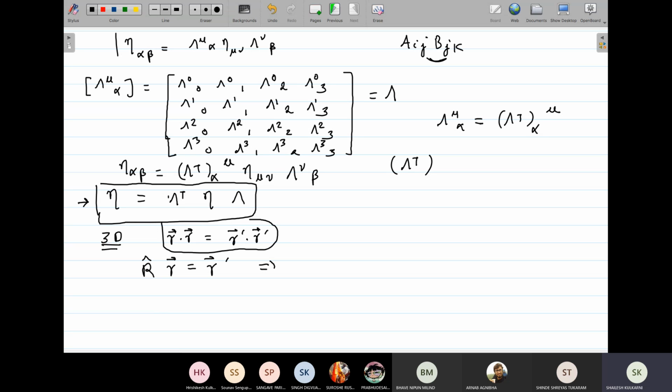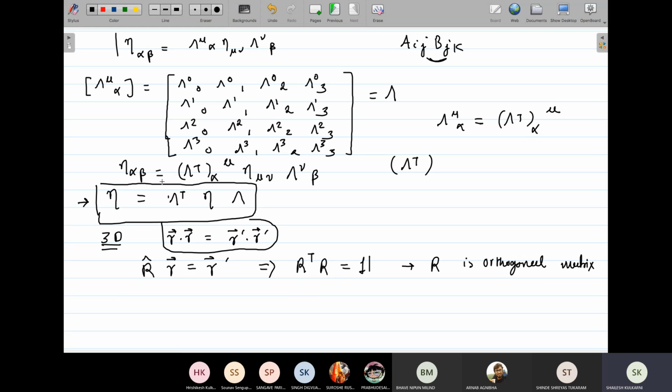It implies that there is a condition on R. That condition is R transpose R equals identity. That means R is an orthogonal matrix.